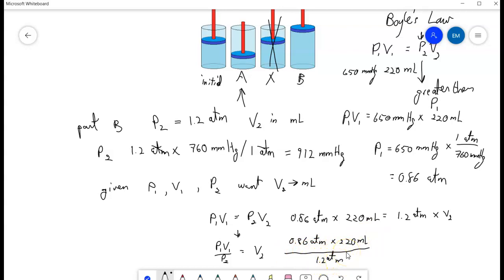And remember, your pressure's going up, so the volume has to go down. So 0.86 times 220 divided by 1.2, I get 158 milliliters here.